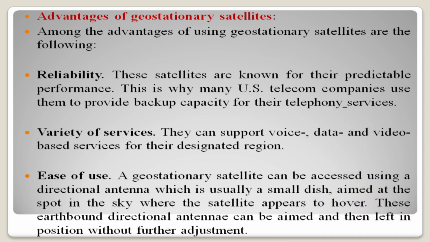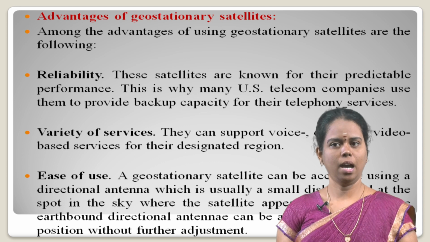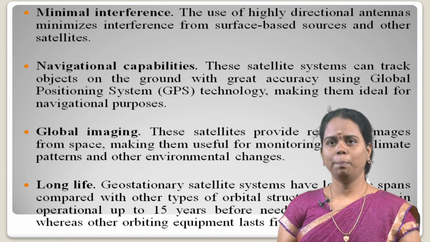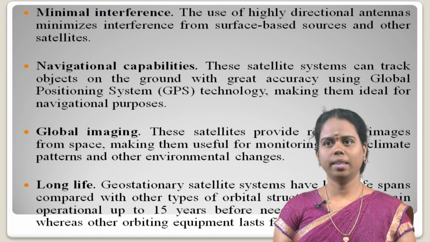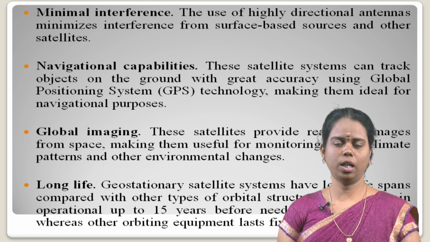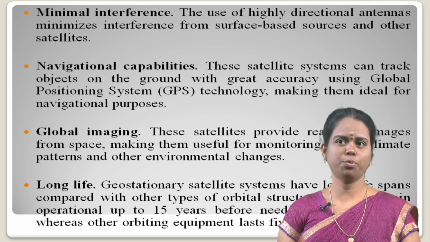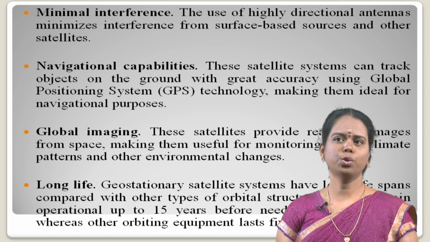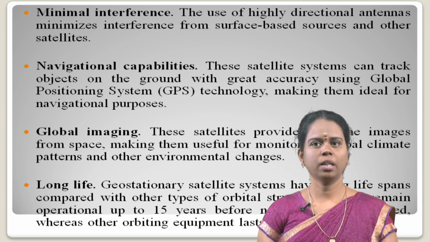These earth-bound directional antennas can be aimed and then left in position without further adjustment. Another one is minimum interference. The use of highly directional antennas minimizes interference from surface-based sources and other satellites.